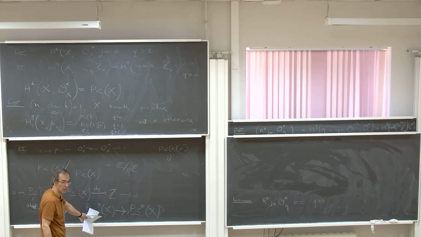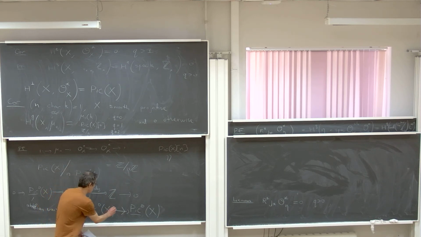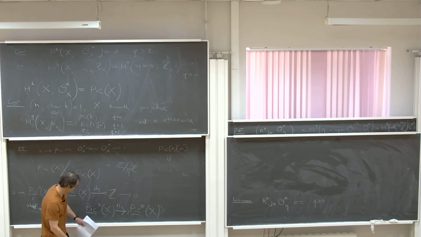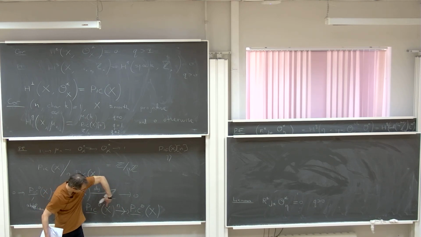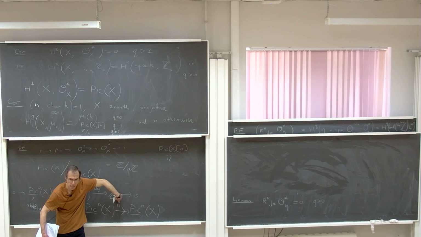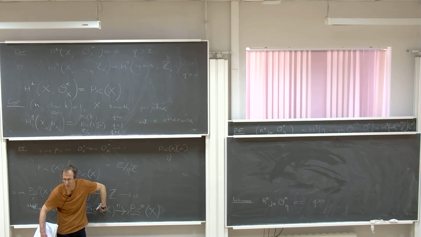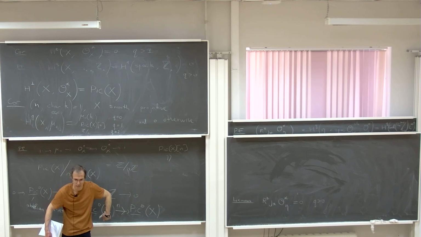So this is an abelian variety. So this is multiplication by n. So this multiplication by n is an isogeny of degree n to the power 2g, where g is the dimension of your abelian variety.